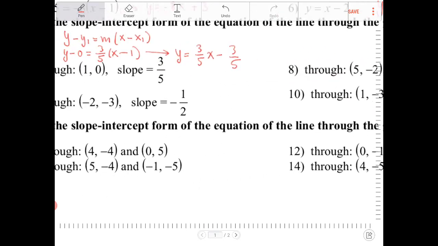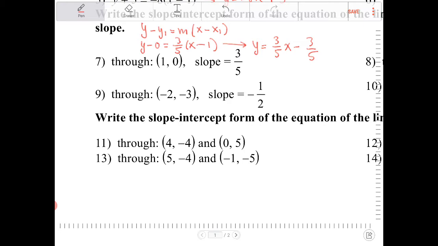All right, moving on. The equation of this line in point-slope form is y minus negative 3 is equal to negative 1/2 times x minus negative 2.